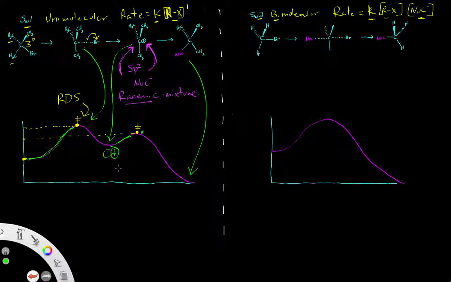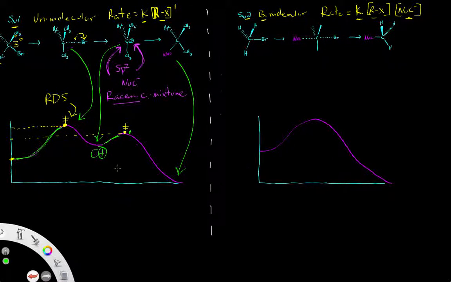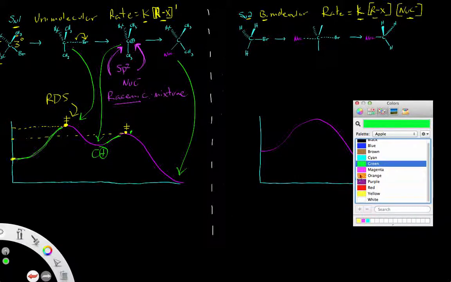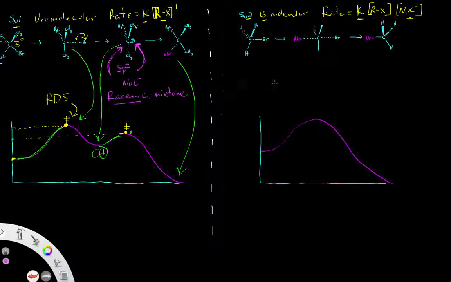I just wanted to demonstrate that, and that's going to be applicable for SN2 reactions as well. So let's think now about the SN2 reaction on the right-hand side of the screen. With SN2, we are referring to a bimolecular reaction, involving two species: a nucleophile and an alkyl halide. Like I said before, we're speaking in terms of the transition state, which is right here.